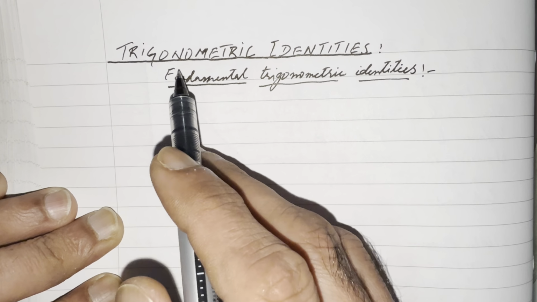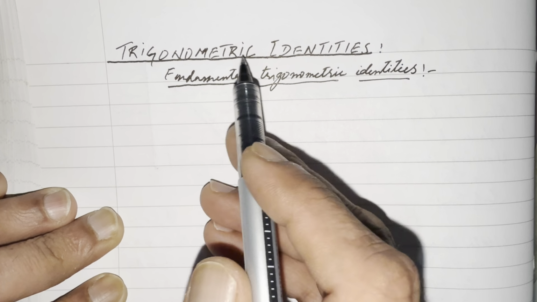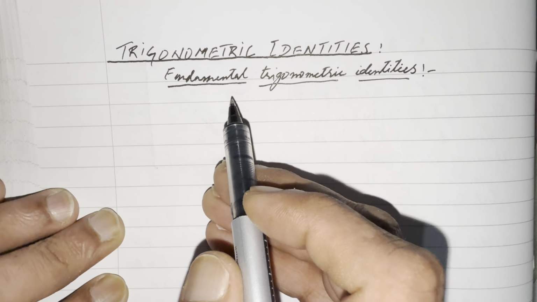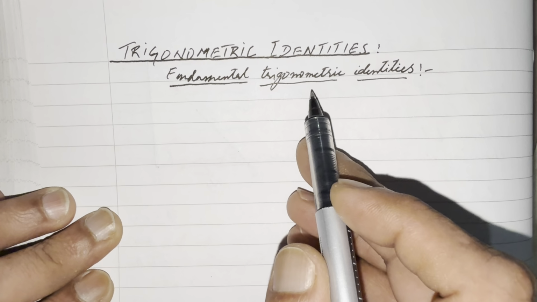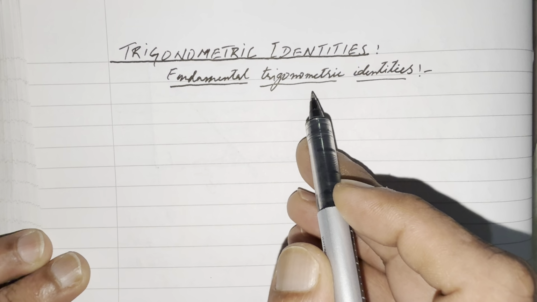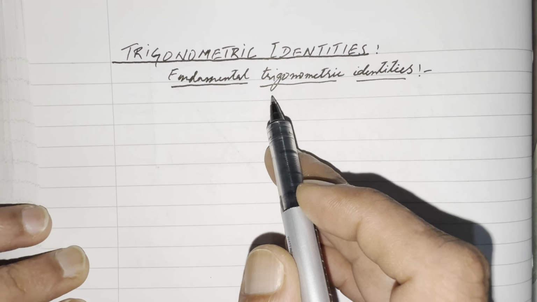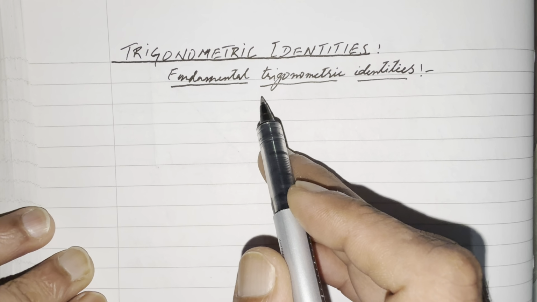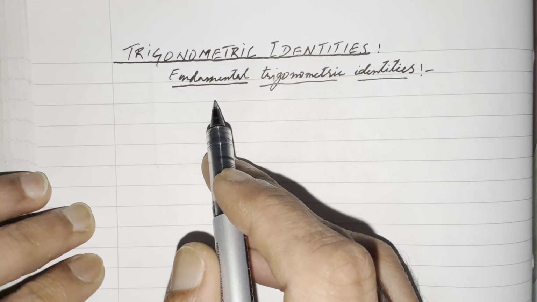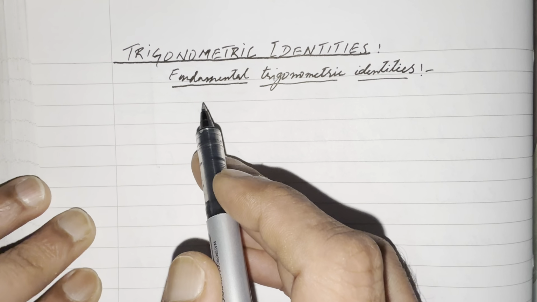As you can see, I have written the heading as trigonometric identities, and we are going to find some of the fundamental trigonometric identities. These are the basic identities that we should know, and how we can find them.